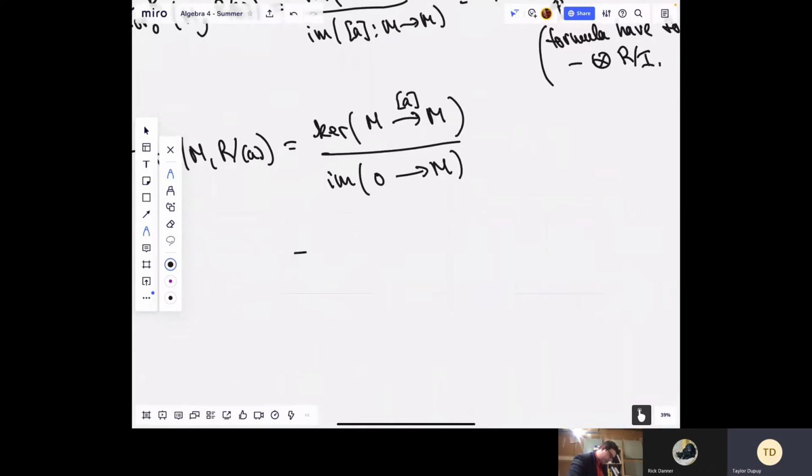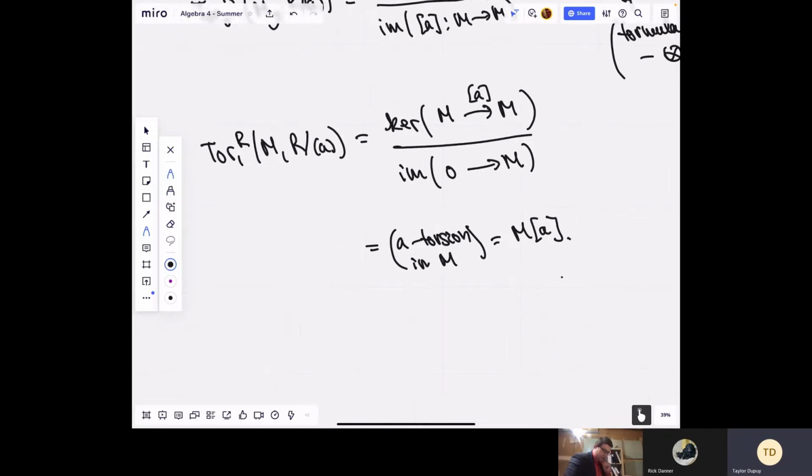This is just the A-torsion in M. So this is the kernel of this map. Okay, so that's why it's called Tor. Because Tor 1 is the torsion.